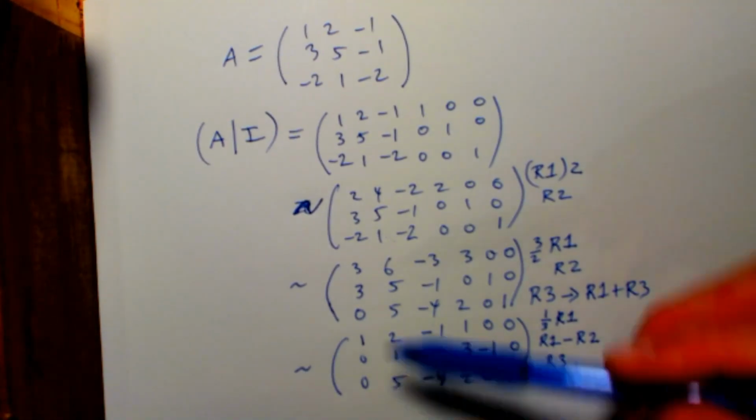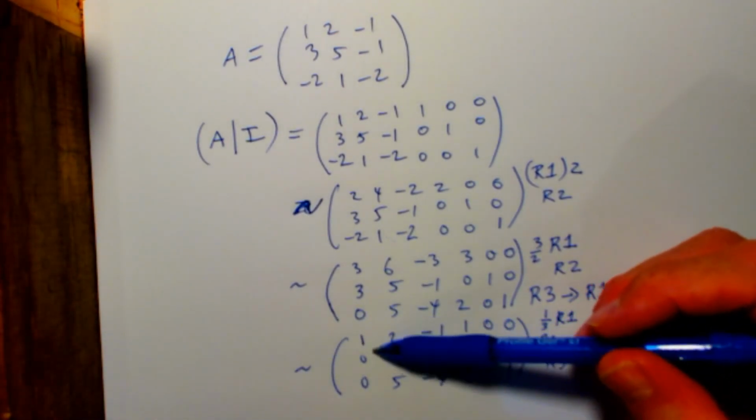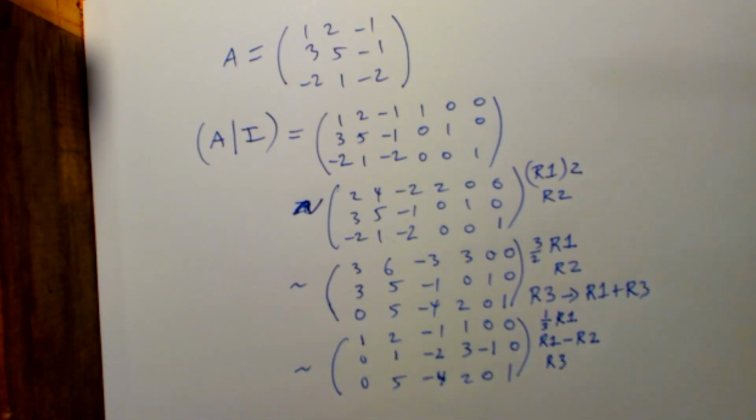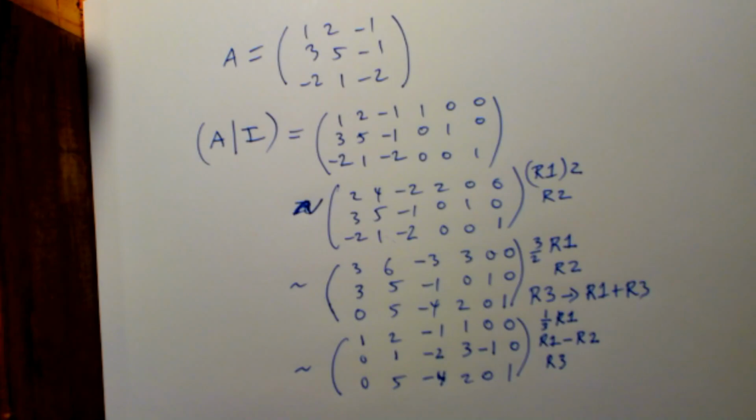Okay, so now we've placed a pivot there, 0 is under the pivot. That's good. Next we want a pivot here, if possible. So we need zeros above and below that number 1 there.